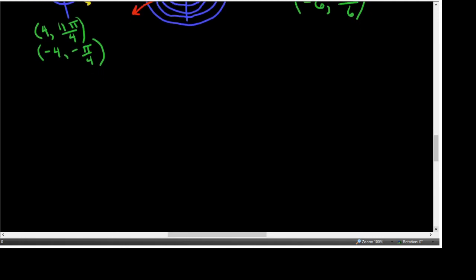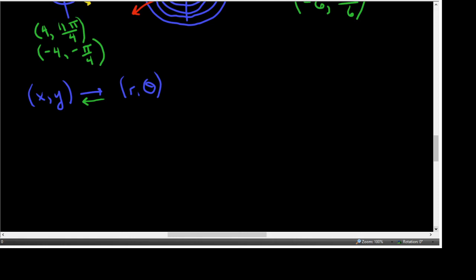So one of the things that we're going to have to do is take something that's in the form x, y and convert it to r, theta, or something that's in r, theta converted into x, y. So these are the two tasks we're going to have, is to do that conversion.